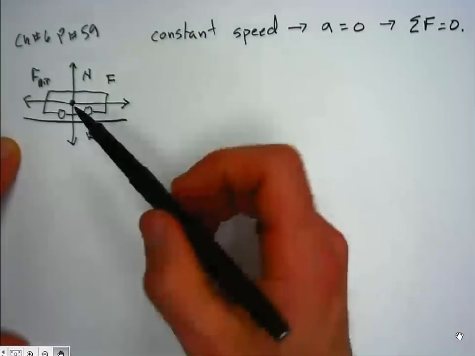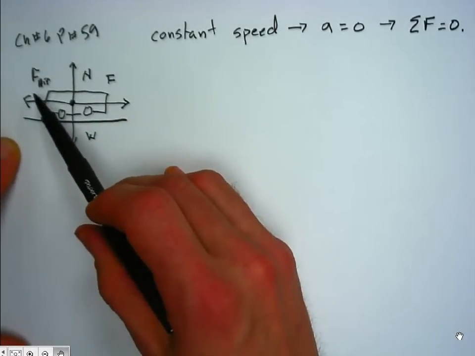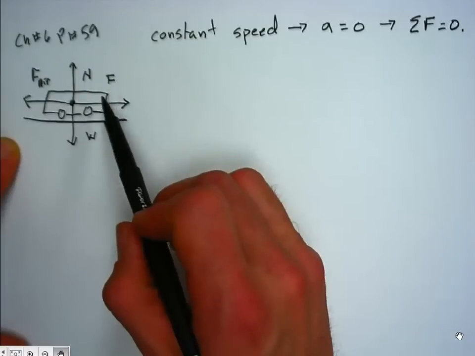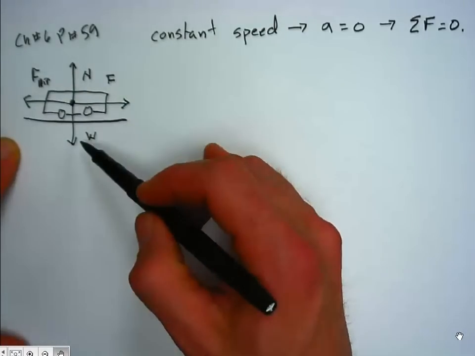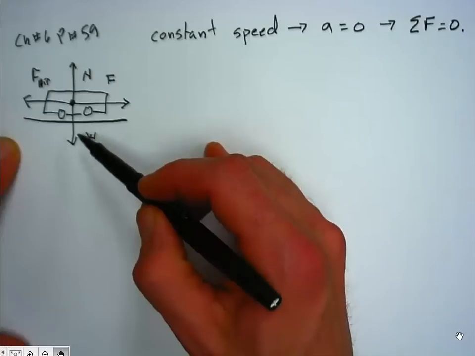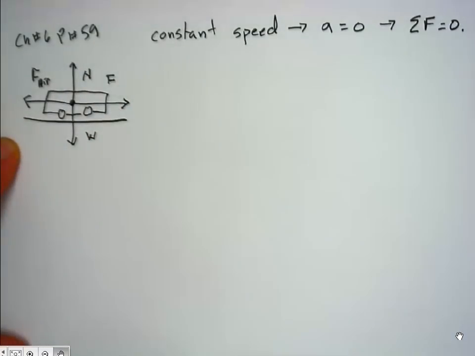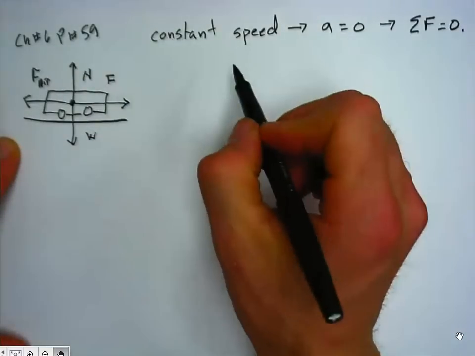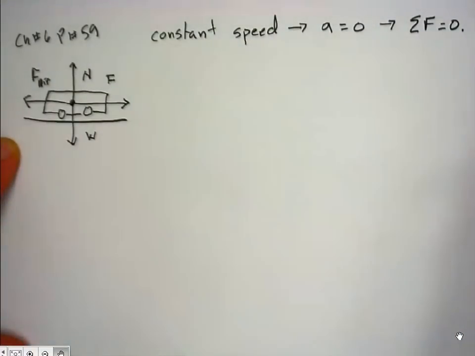So the force of air resistance must equal the force the engine's exerting forward, and the normal force must equal the weight. Pardon me, weight down, normal force up. They cancel each other out. Those little words, constant speed, they mean a lot.